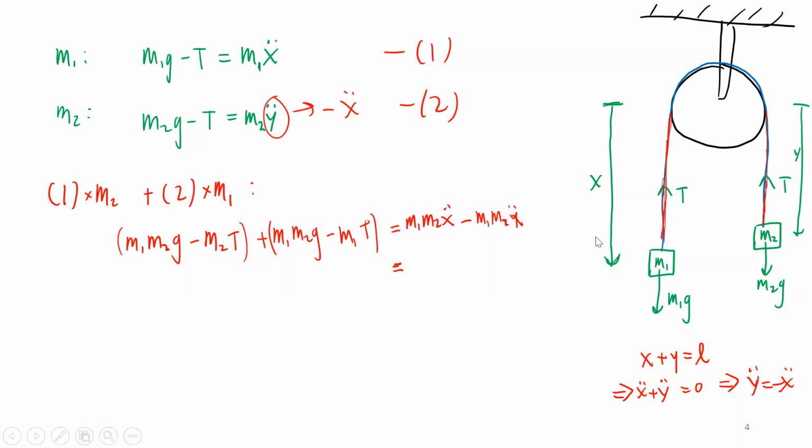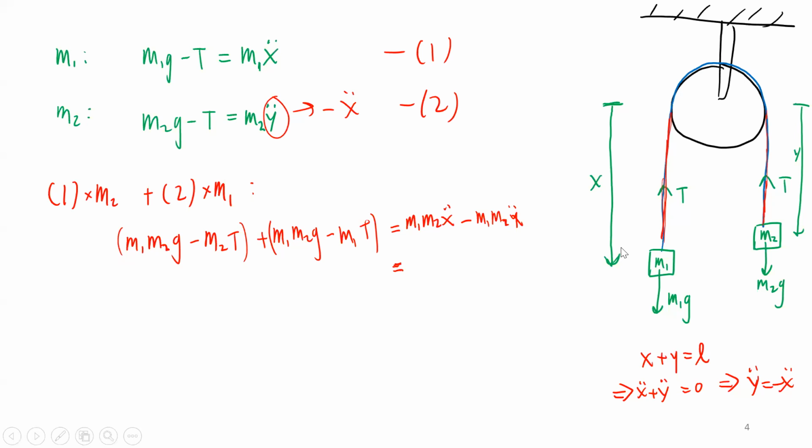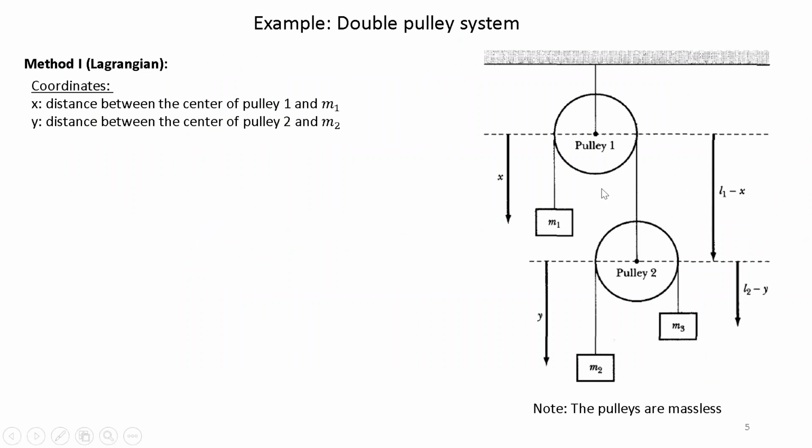So the real example that I'm going to talk about looks something like this. I want to basically find out the acceleration for all m1, m2, and m3.